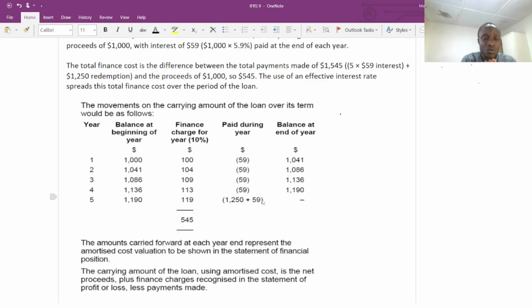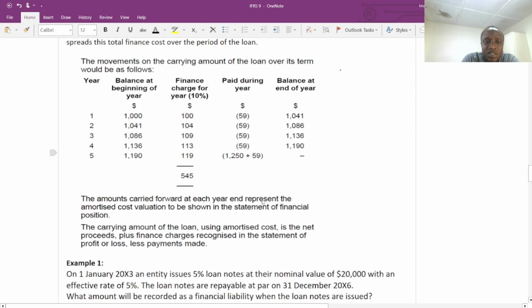Now, when we look at the next example, we will understand better. For now, what you need to know is the double entry for the finance cost as well as the interest paid. For the finance cost, we debit the expenses and credit the liability, increasing the liability over time. The cash payment will reduce the liability and reduce our bank balance. The amount carried forward at each year end represents the amortized cost value to be shown in the statement of financial position.